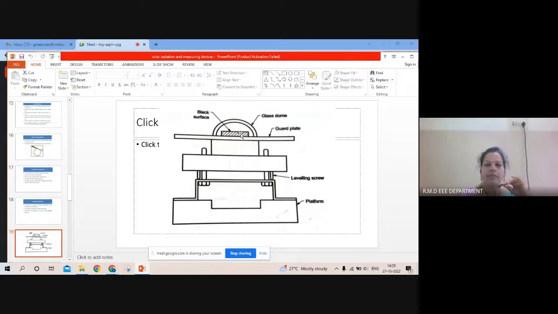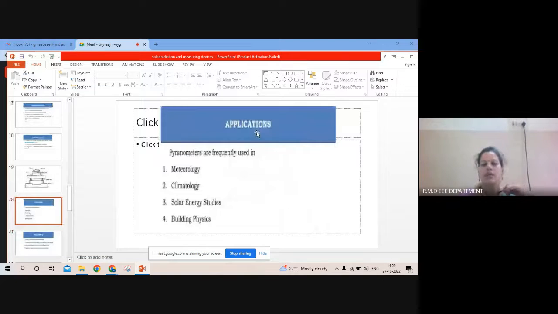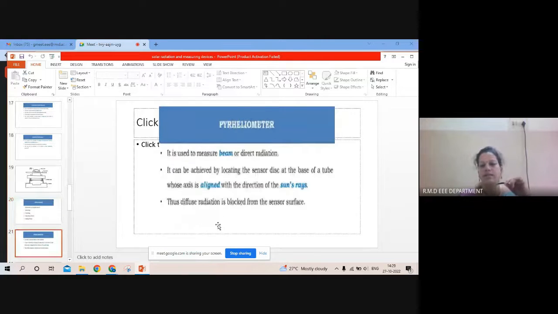This is the sensing element, where the inner element is coated with the black surface and the outer one is the silver one. Whenever the sun falls over that, the sensing element will measure it, and due to the temperature difference, it will produce an EMF. That EMF gives you the equivalent amount of solar energy received. And this pyranometer finds its application in meteorology, climatology, solar energy studies, and even in building physics.